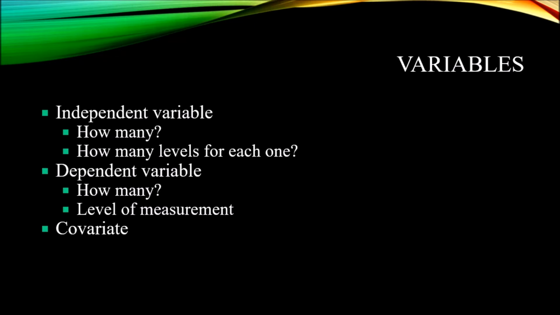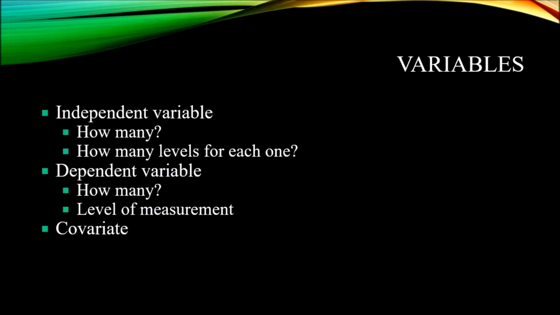You have a continuous variable that you believe is connected to the outcome variable, the dependent variable, and you want to control for the effect of that covariate. So you want to have an independent variable that's related to a dependent variable, and you want to see the effect that independent variable has on the dependent variable.